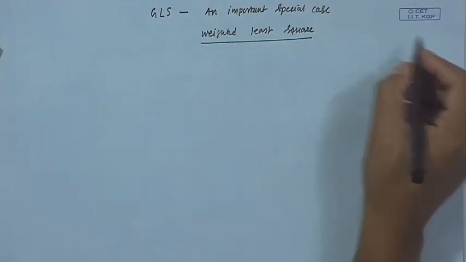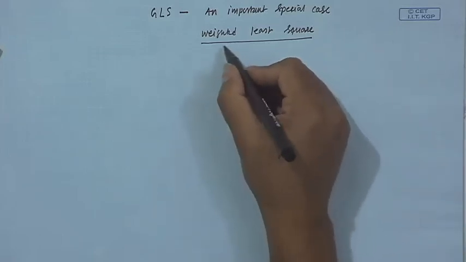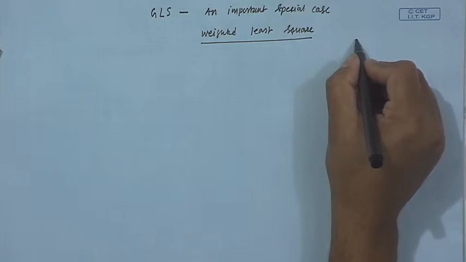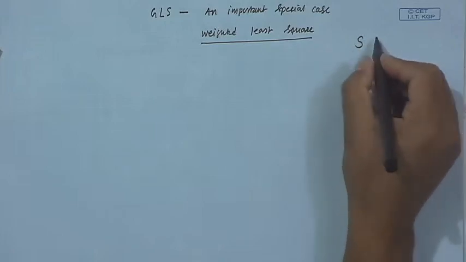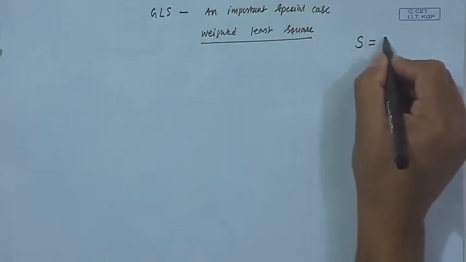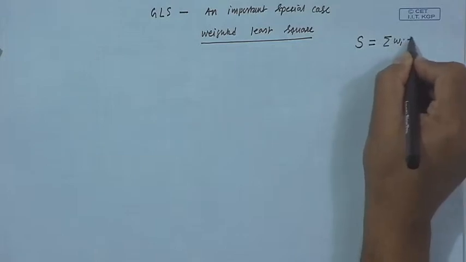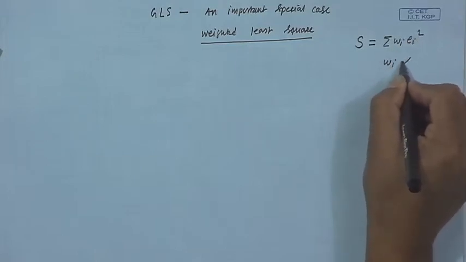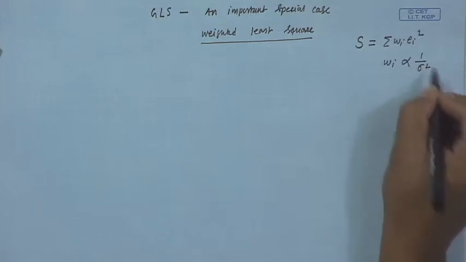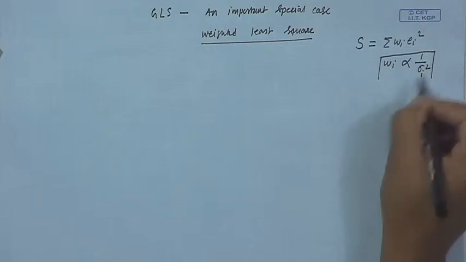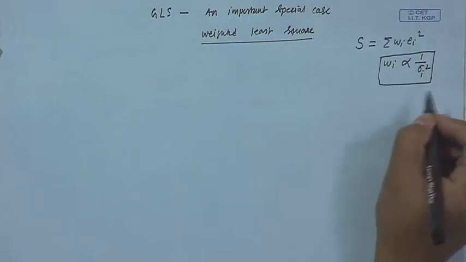Okay. So, at the beginning I talked about weighted least square, and I said that we have to find the regression coefficient by minimizing the sum of W i e i square, where W i is proportional to 1 by sigma i square, and that I will explain why this weight is proportional to 1 by sigma square.